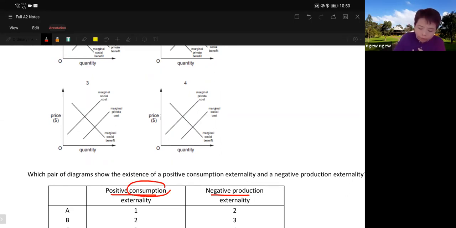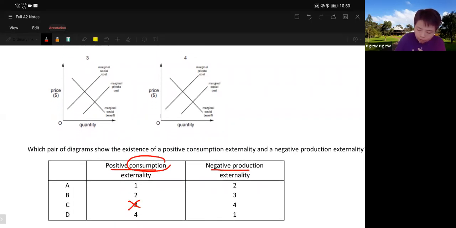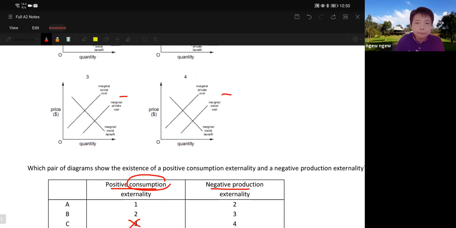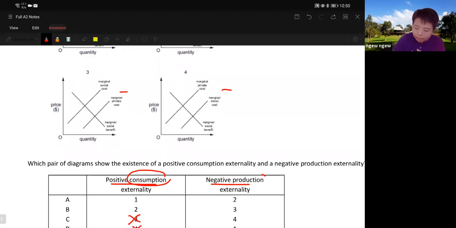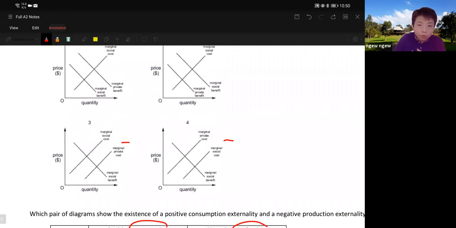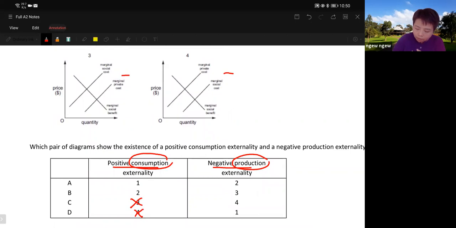So it is definitely not 3 and not 4, because both 3 and 4 have 2 supply curves. Likewise, when they want production externality, definitely not the one with 2 demand curves. So for negative production externality, it is either 3 or 4. In that case, the answer is out actually, because only this one has 3.